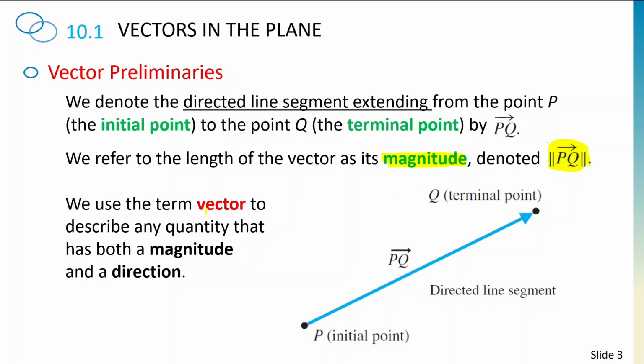Notice any vector is special by what? Two things: its magnitude and its direction. This is what makes any vector unique. Remember, by the magnitude we mean the length of that vector, okay?